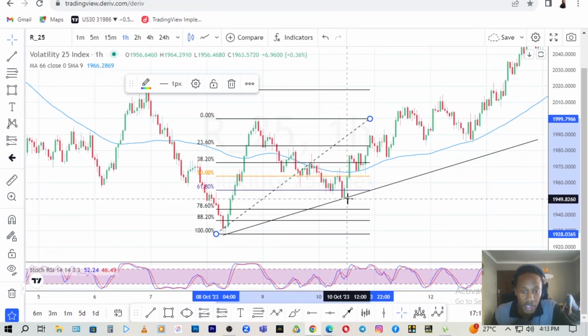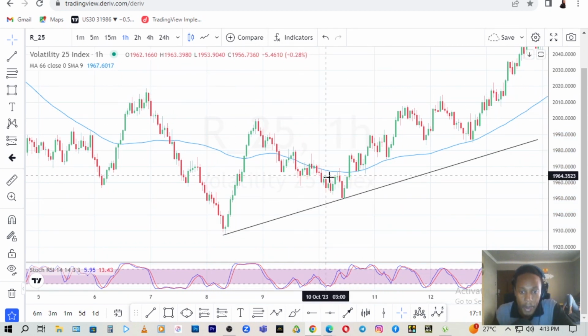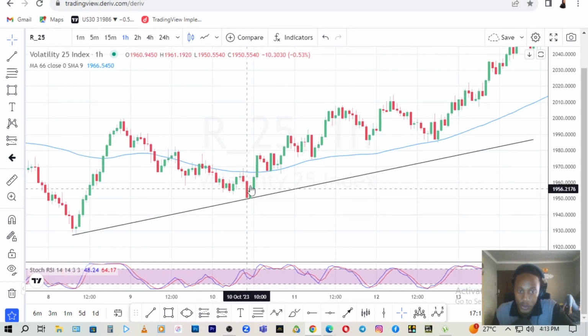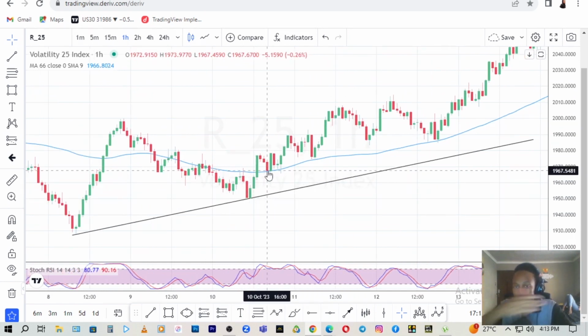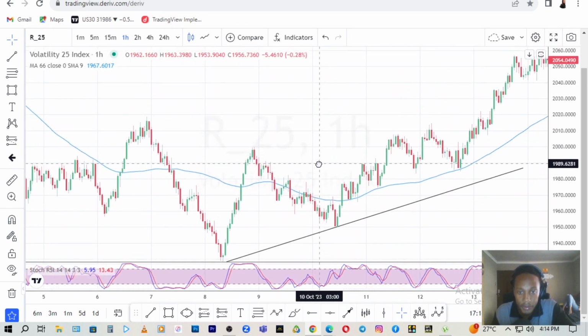So you see that it retraced to almost our 78%, but then it turned on our 61, let's say on our 62 Fibonacci level, or let's say our 65 here. So overall we saw that now we're in a bullish market.